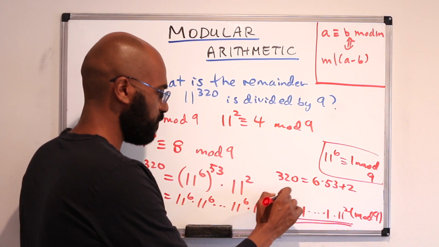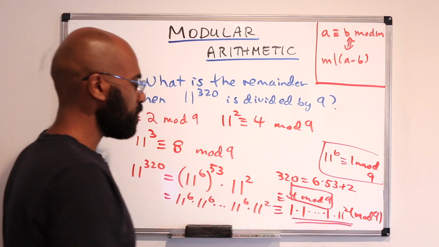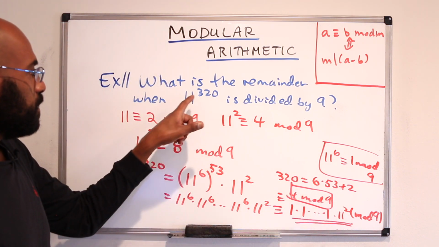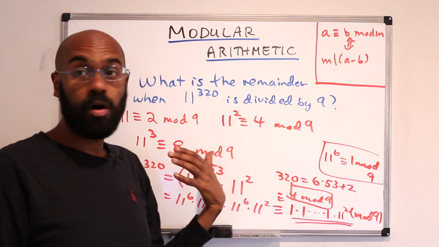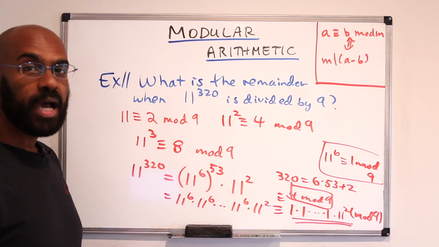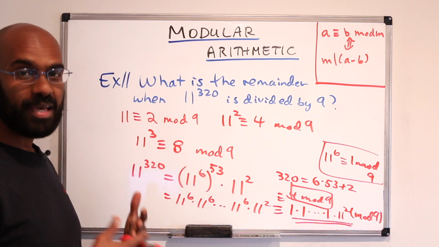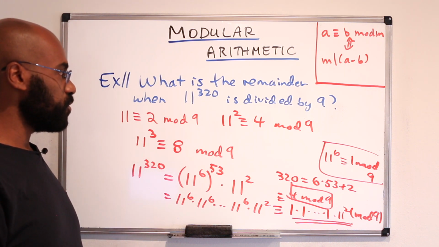So this is congruent to 4 mod 9. And so we get that the remainder, when you divide this number by 9, is 4. And we figured this out all by doing these computations reducing modulo 9. So this is an example of the great advantage of having modular arithmetic at our disposal.